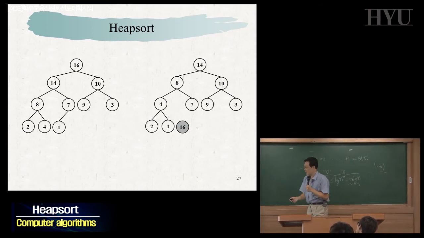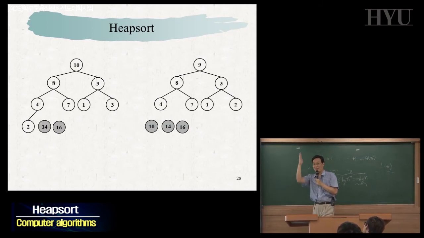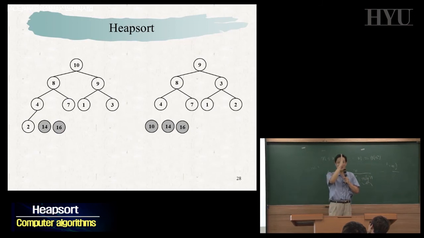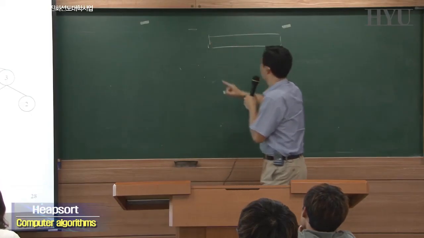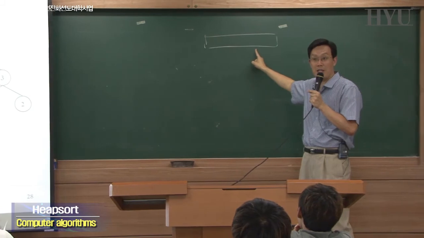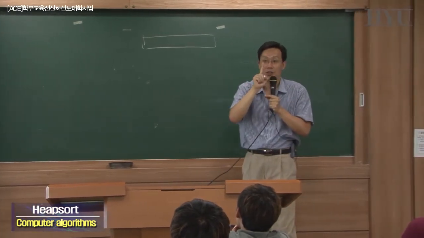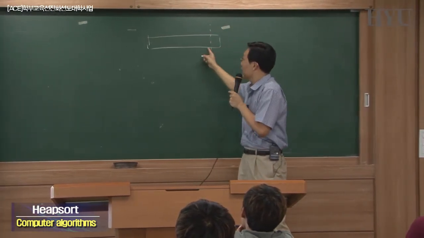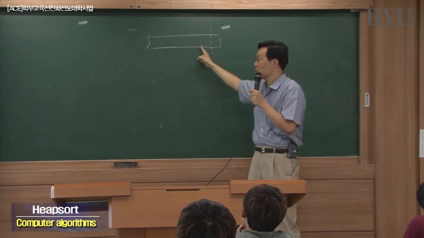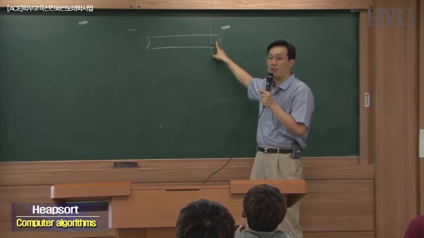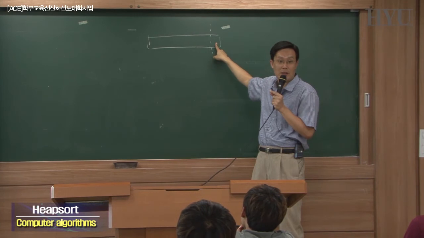And step by step, the barrier is moved inside the array. Originally, this array is a heap. Now, after an iteration, the heap is reduced to like this, and this part is the sorted part.